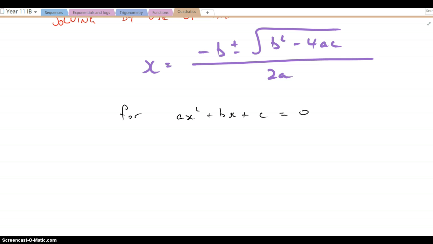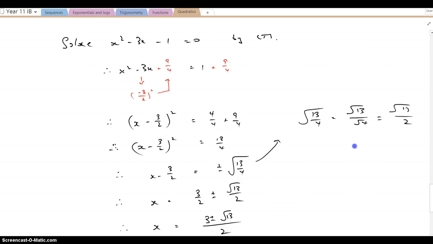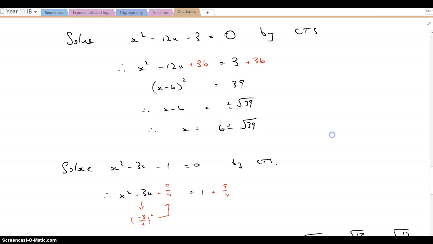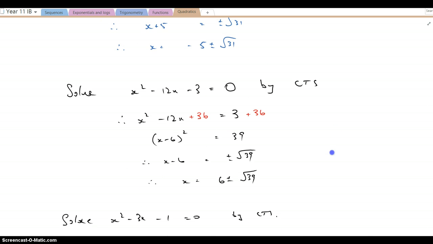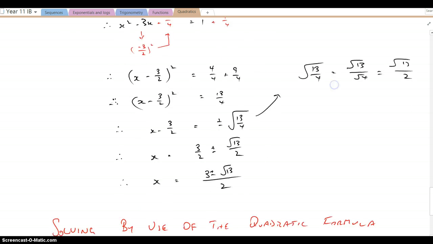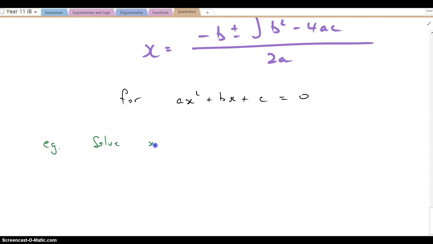So, example, solve. All right, let's do the one we did up here, the second one, x squared minus 12x minus 3 equals 0. The first thing I'd do if I just had that would be to try and solve it by factorization.